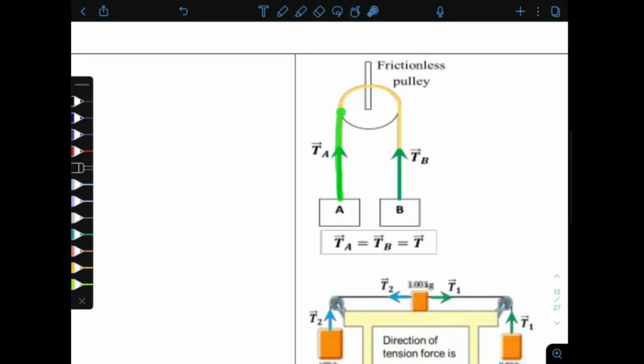This pulley is being associated to two weights. Kita ada dua weight yang tergantung dengan kita punya pulley. Okay, dua-dua weight ini tergantung menggunakan satu tali yang sama. They are the same string here. Therefore, kita boleh buat conclusion sebab dia tali yang sama, tension A kamu akan sama dengan tension B kamu. Mereka mempunyai nilai yang sama dekat sini. Tension A is equal to tension B.